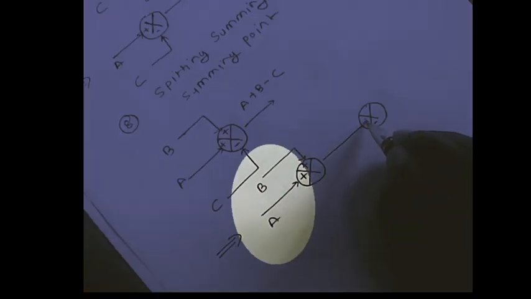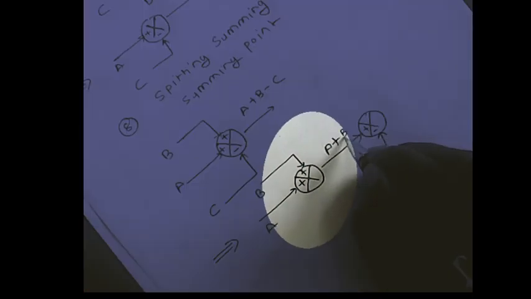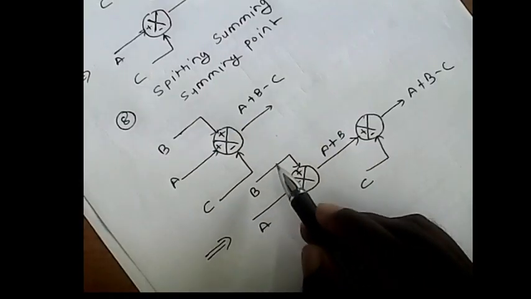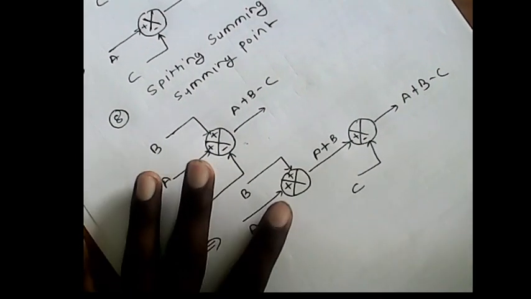The first gives A plus B, then the output of this and the other input are applied to the second summing point, which produces the output A plus B minus C, which is similar to this one. If we combine these two summing points, we get the same result. So this is splitting of a summing point, and vice versa, if we combine these two, we get this answer.